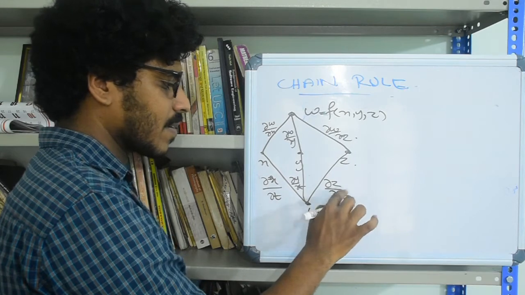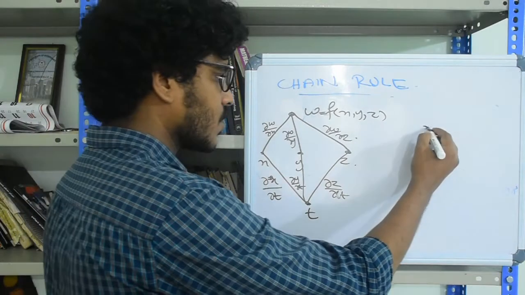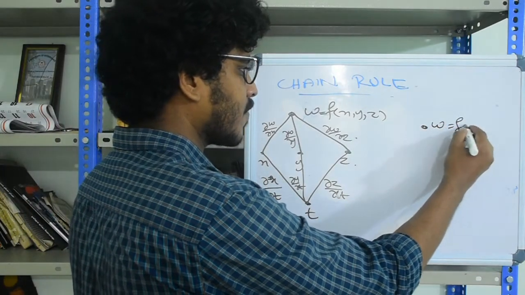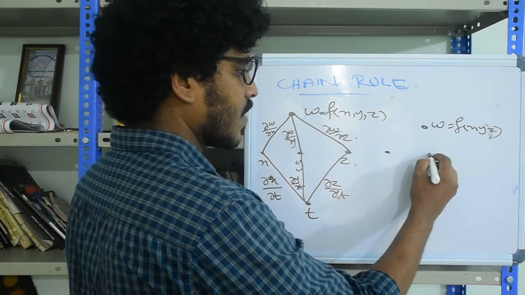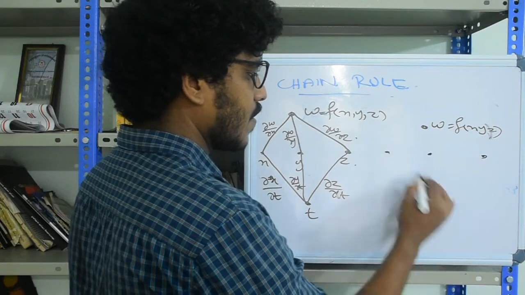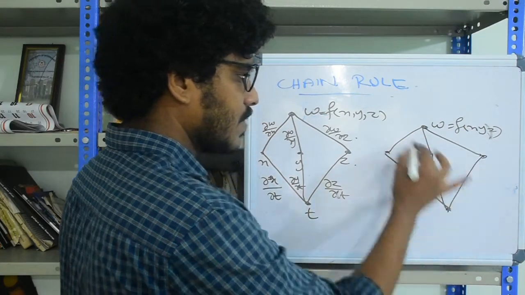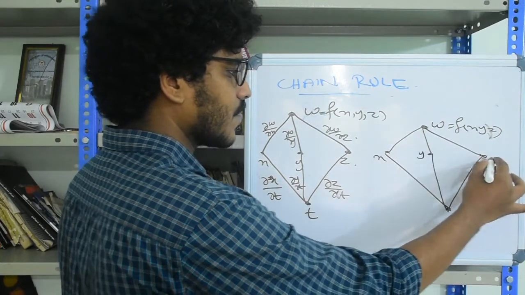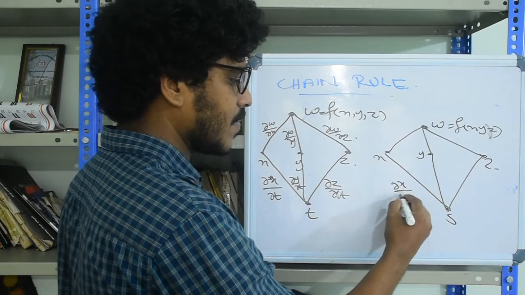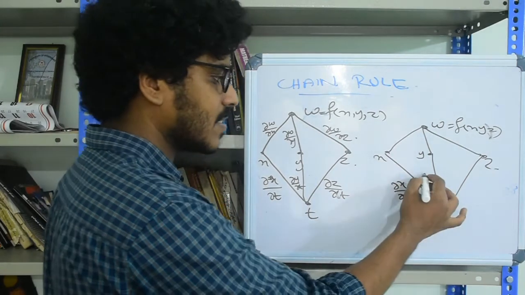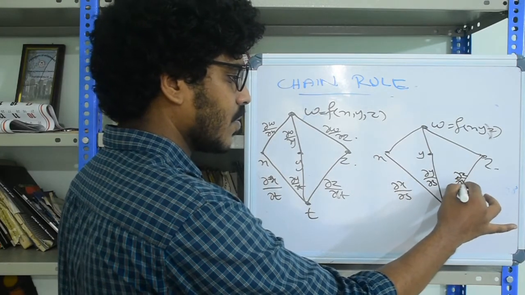Similarly, x, y, z are functions of s, so we'll have w equal to f of x, y, z. This is identical to the previous part, and we will have s here, and these are connected by means of partial derivatives with respect to s: dou x by dou s, dou y by dou s, and dou z by dou s.